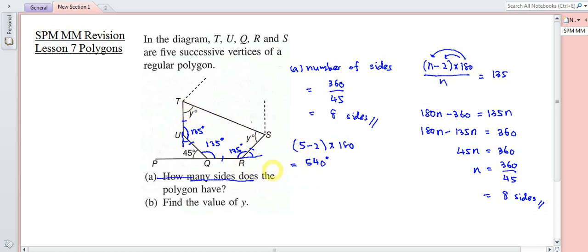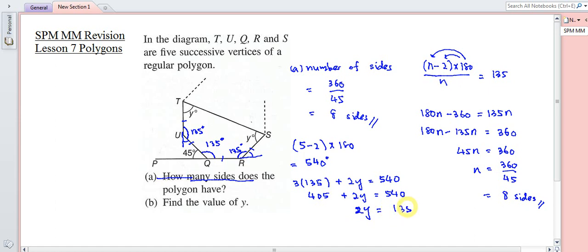So from here we know that 135 times 3 gives 405, plus 2y, equals 540. So this is a linear equation. As I told you before, linear equations are actually very important. 540 minus 405, you can just press the calculator.